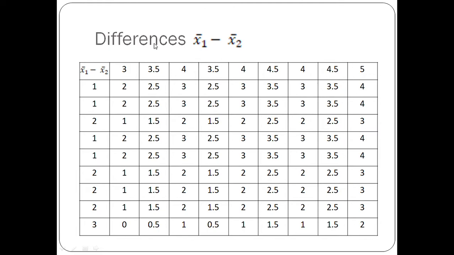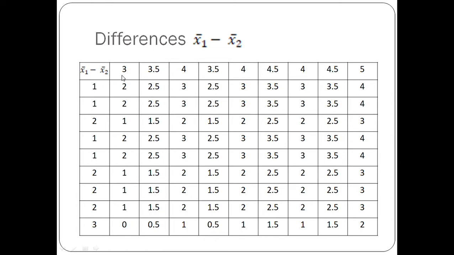So in this method of differences, first of all we have to find differences. Now how will we find differences? I have written above all the columns the values of x bar 1, and in this first column I have written the values of x bar 2.